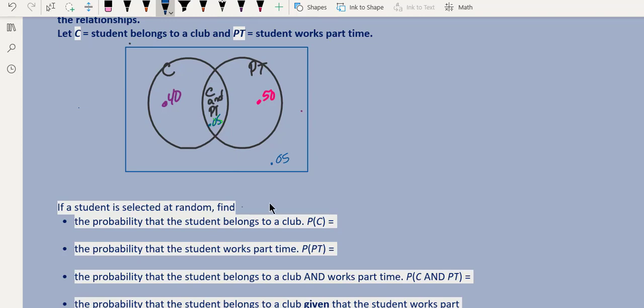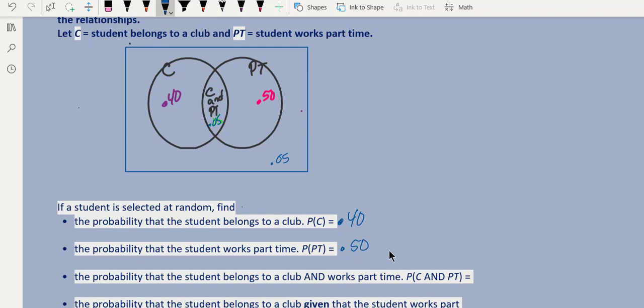I've already found that information for you. The probability of C would be 0.40, because it's already given to us. What is the probability that the student works part-time? The probability a student works part-time is 0.50.